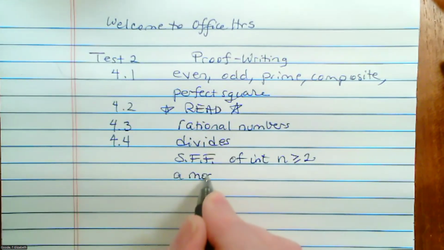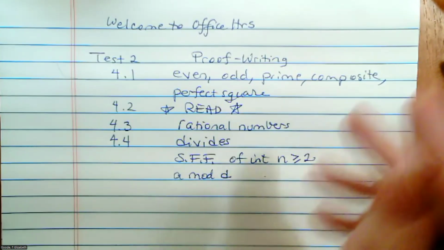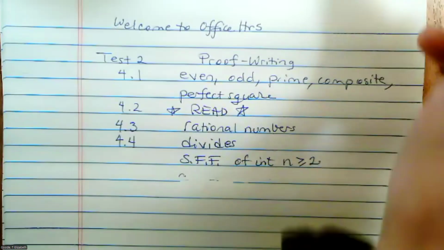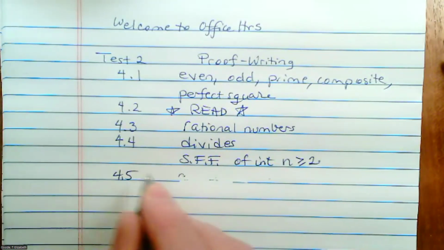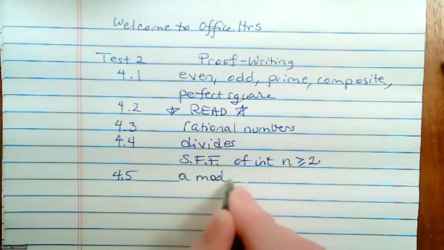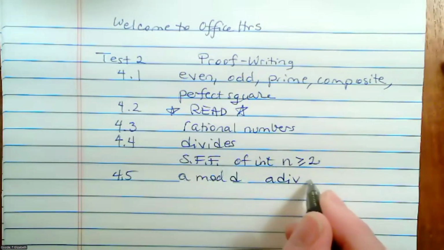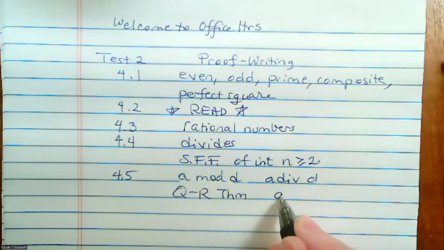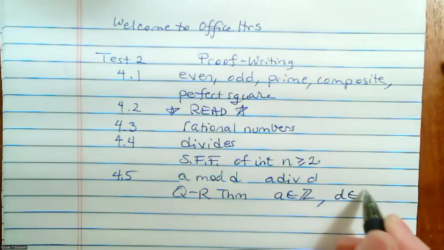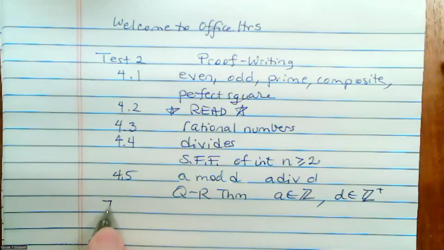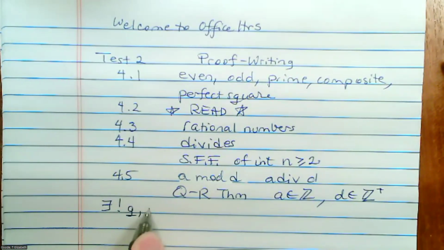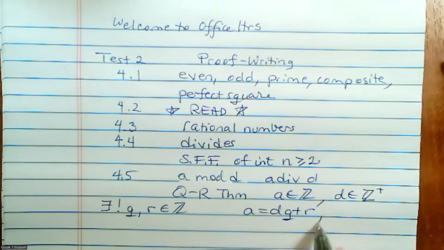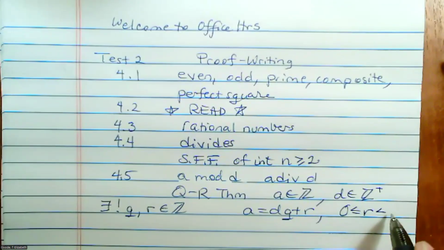We had a mod D, and no, we didn't have those until 4.5. 4.5 was A mod D and A div D and the QR theorem that says if A is an integer and D is a positive integer, then there exist unique Q and R in Z such that A equals DQ plus R, where the remainder is not too big and it's not negative.